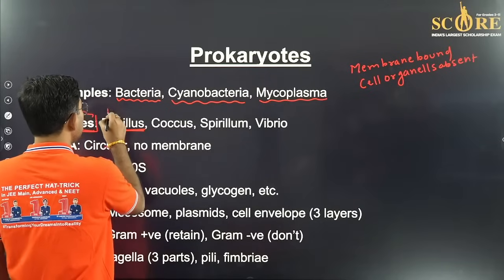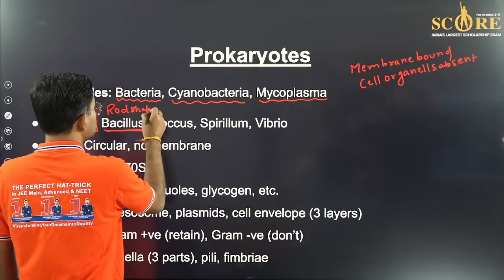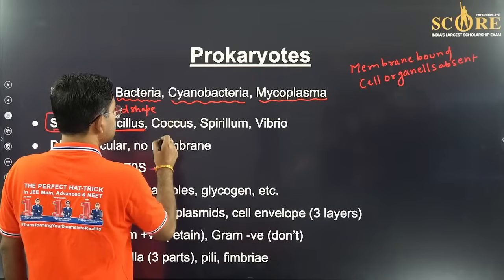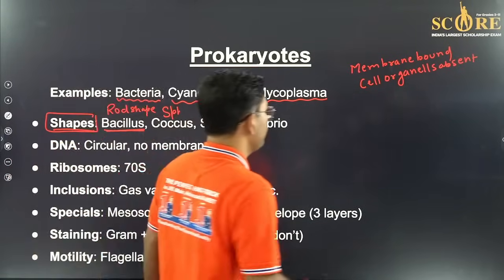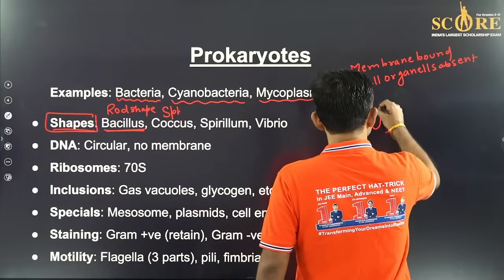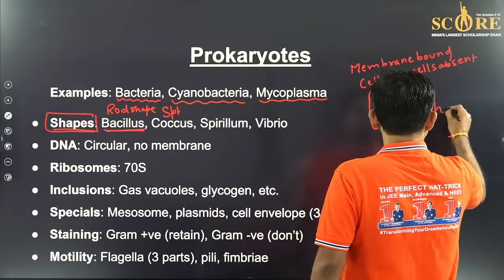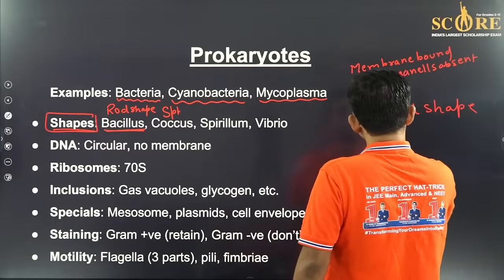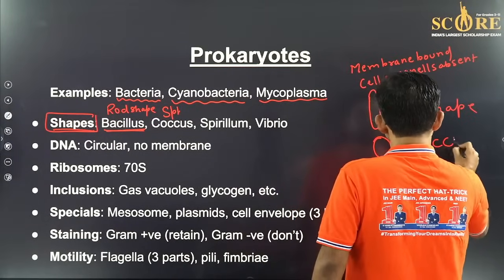Bacillus means rod shape. Then they have coccus, that is spherical. So here I will draw and I will explain. So this is the bacillus, means rod shape. Then another one is spherical, that is coccus.